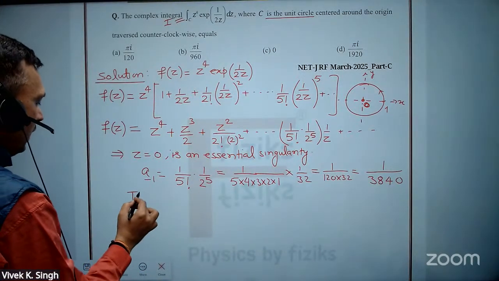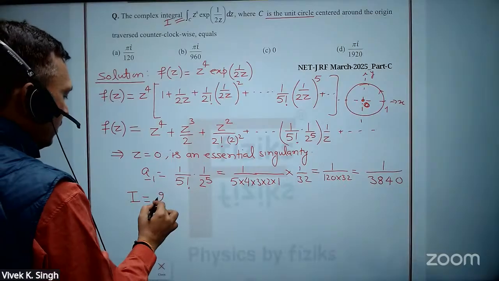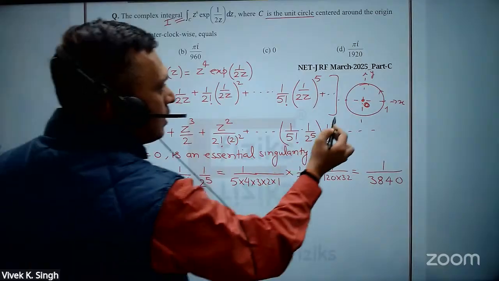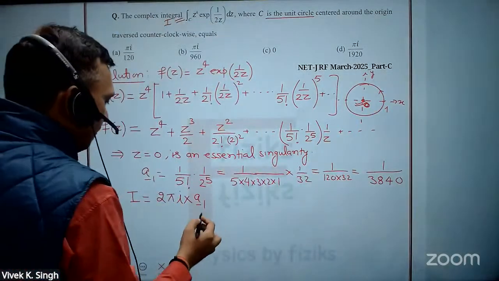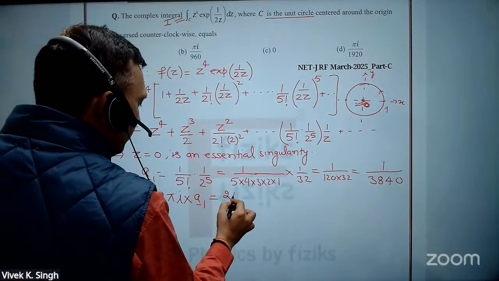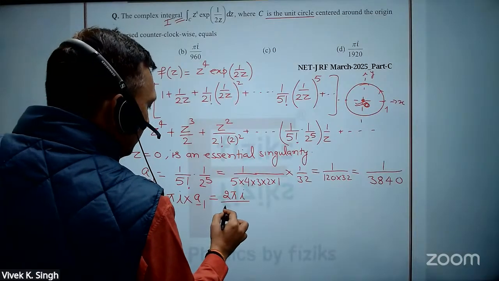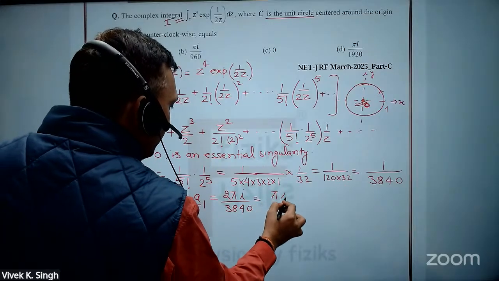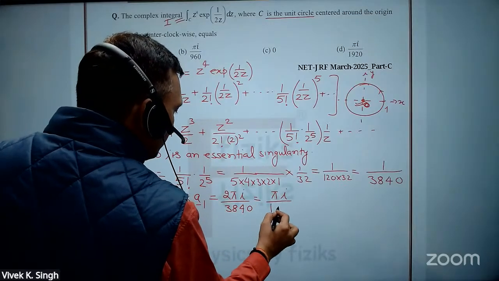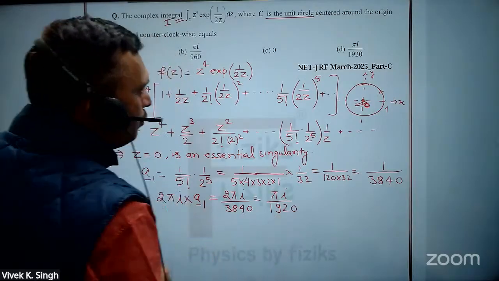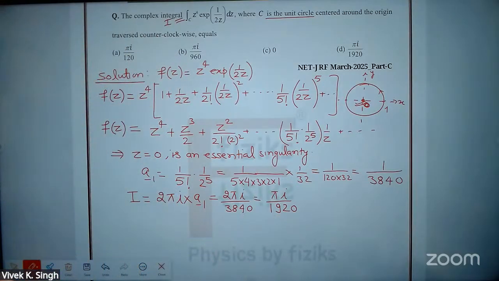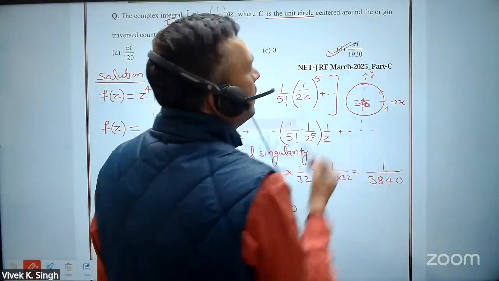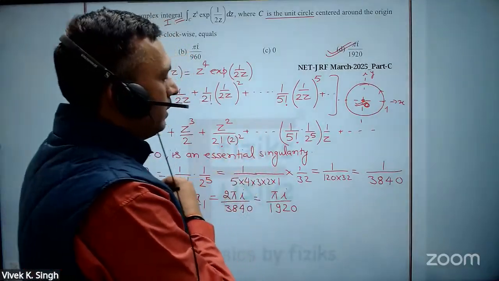So the integral value will be given by 2 pi i into residue, because z equal to 0 lies inside. So this will be 2 pi i by 3840. So this is pi i by 1920. Pi i by 1920. So option D is correct.